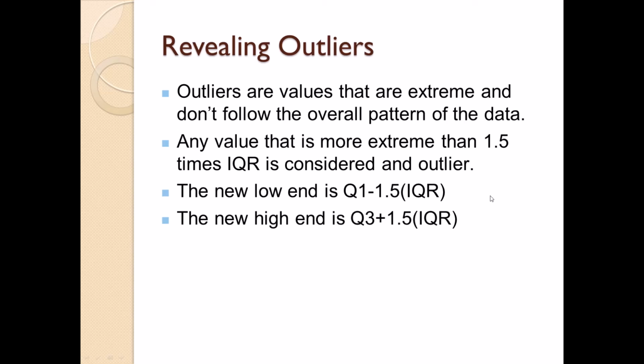So if you don't have your raw data, let's just say you have the 5-number summary and you're interested to know whether the minimum or the maximum would be an outlier, you would do Q1 minus 1.5 times the IQR to reveal a low end or a left side outlier. Q3 plus 1.5 times the IQR would reveal one on the high end if there's one present. These you ought to know. These two formulas, I've seen them a lot on AP exams.